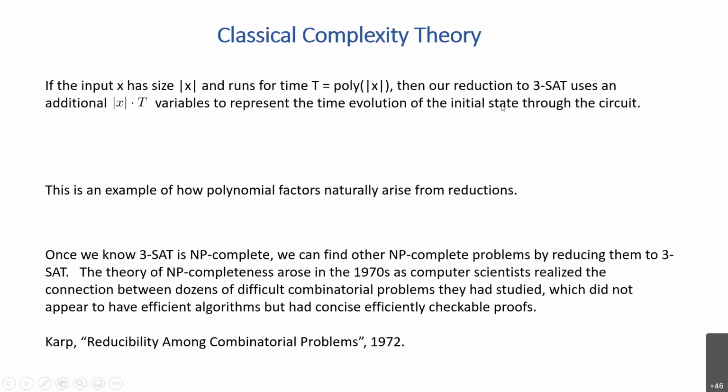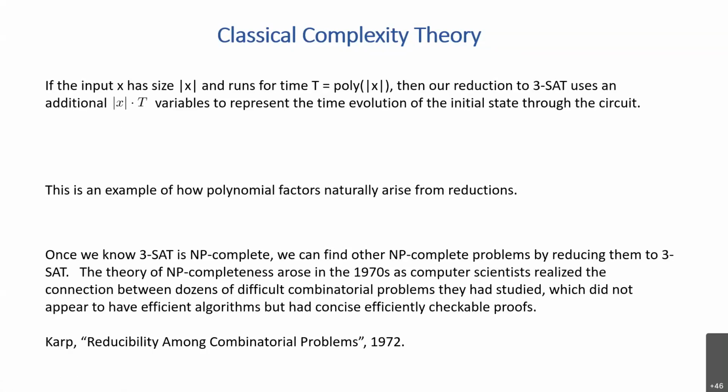So when we build this SAT formula, how many variables and how many clauses does it have? Well, it's got more variables in it, right? Because we needed variables to represent all those intermediate time steps. So that's a natural polynomial blowup or polynomial factor that increases the size of the problem in our reductions.